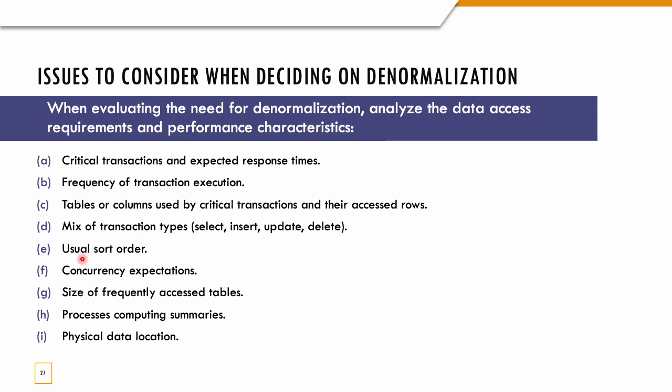And the fifth one is sort order. If the transactions commonly access data in a particular sort order, then denormalizing with the pre-sorted data can enhance the efficiency by eliminating sorting operations at query time.